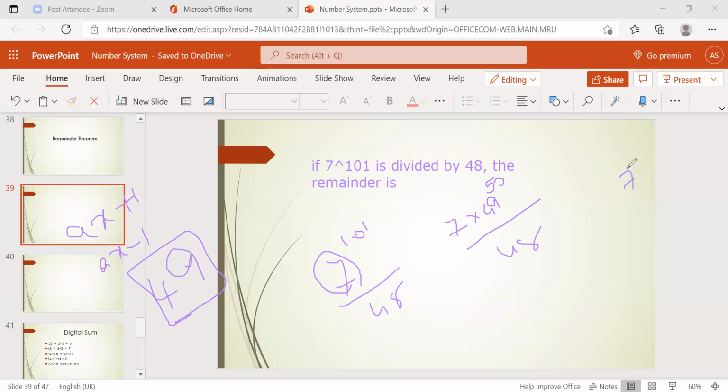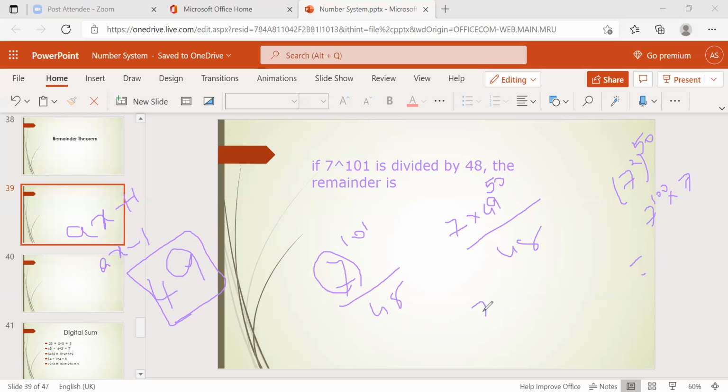So 7 power 2 whole power 50 is nothing but 7 power 100, right? The given is 7 power 101, so it is 7 into 7 power 100, which is nothing but 7 power 101. So I can write 7 into 7 square whole power 50. 7 square is 49.